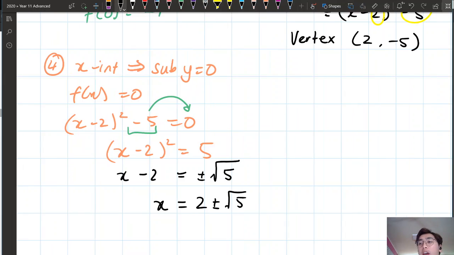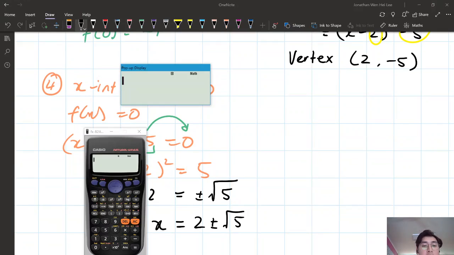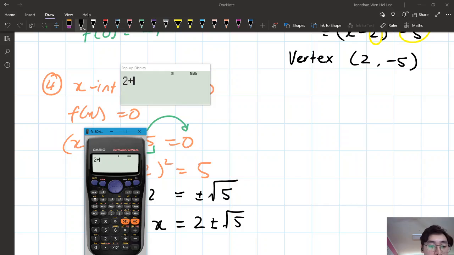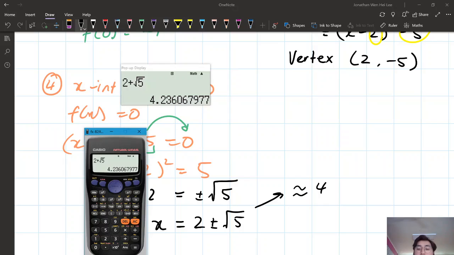Now what you need to check sometimes is the value of these two numbers. So I'm going to put it into my calculator. I'm going to do 2 plus square root 5. The reason I'm doing this is I want to get a general estimate of where that is. So 2 plus square root 5 is roughly 4, so that when I'm graphing it, I know roughly where those numbers are.